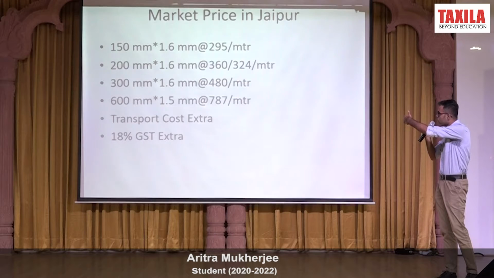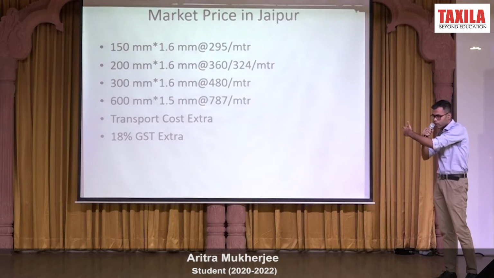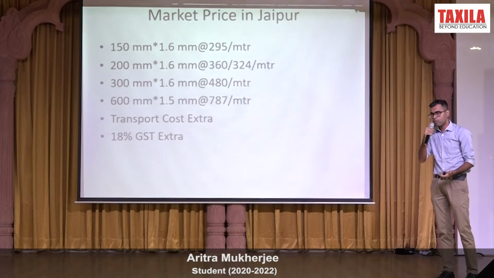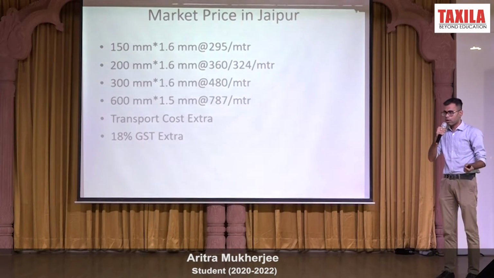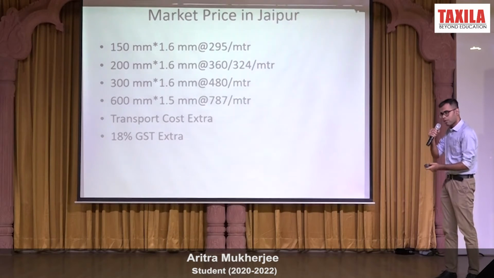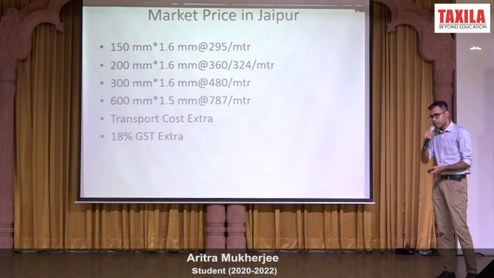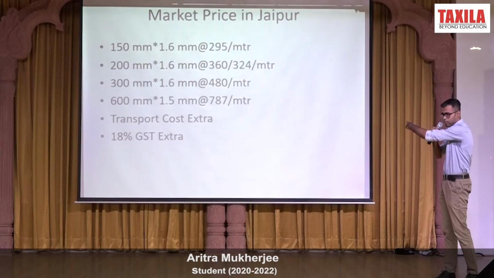But if you want other sizes, like 600 mm and 150 mm, 150 mm you may get easily, but 600 mm you have to order in bulk so that they can arrange it, and you will get it after some time. Obviously transport cost and 18% GST are extra, not included in that price, like 295 per meter.